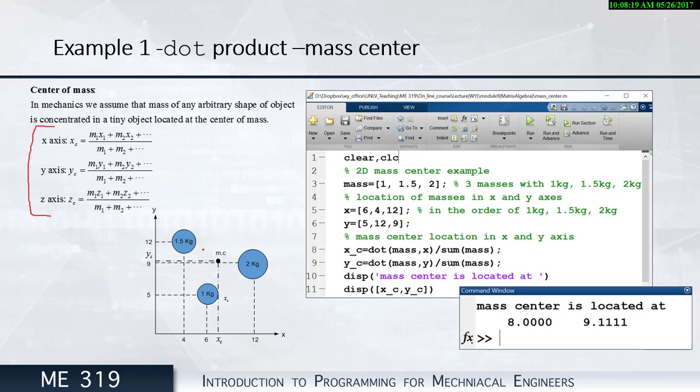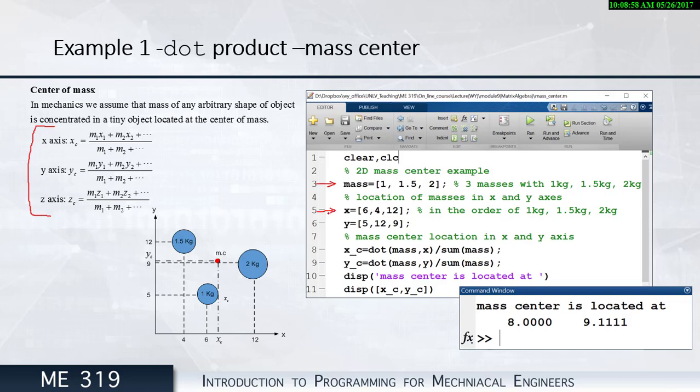So in this example, we're going to use three different masses located at particular positions in this space. Of course, the mass center will be located around the middle here, but this can be found by this M file MATLAB code. First, you need to generate the vector mass, which has individual mass values.